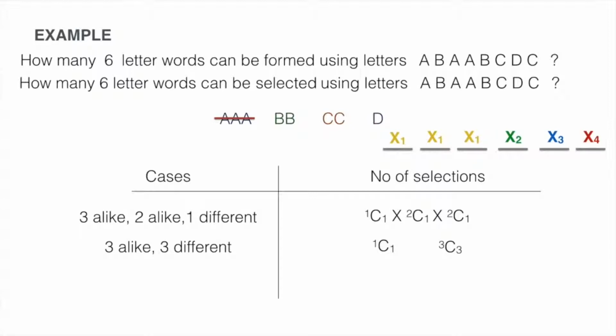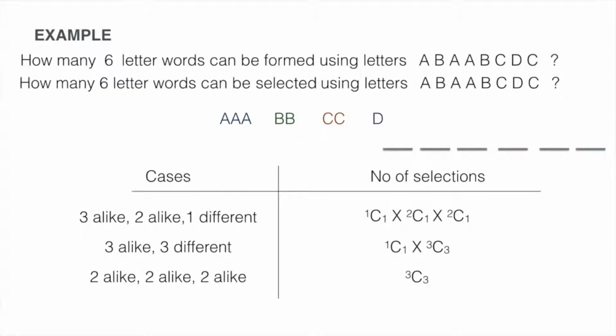Hence, the total selections is 1C1 multiplied by 3C3. One more case would be 2 alike, 2 alike, 2 alike. Possible candidates for 2 alike are A, B and C. I cannot of course choose D as it is only 1 in number, so choosing 3 out of 3 can be done in 3C3 ways.